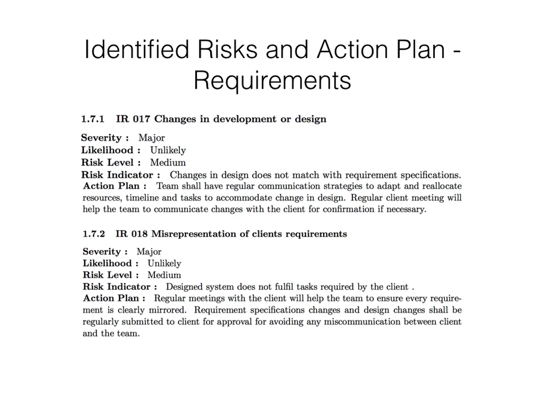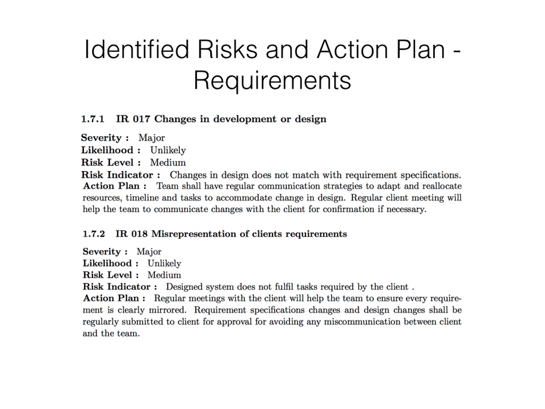How to identify this risk is that the changes in design do not match the required specifications. To avoid this, the team shall have regular communication strategies to adapt and reallocate resources, timeline, and tasks to accommodate the changes in design. Regular client meetings will help the team to communicate the changes with the client for confirmation if necessary.